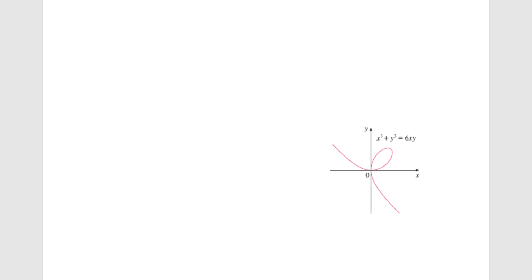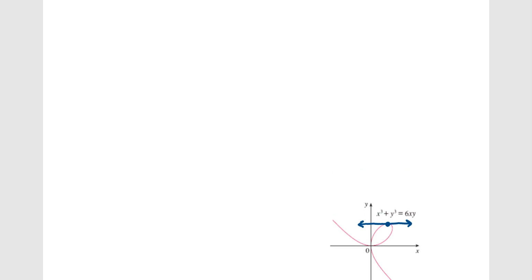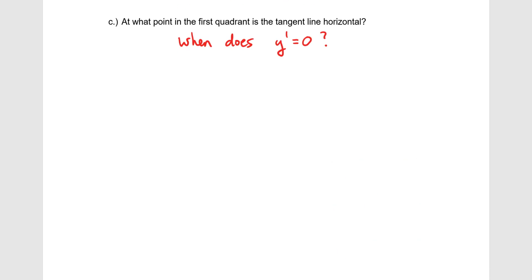We are looking for, it looks like maybe about this point right here. So we're in the first quadrant, and it looks like that point will have a horizontal tangent line, right? So we're looking for that point right there, the x value and the y value. So what we are going to do is set y prime equal to 0 and solve it.